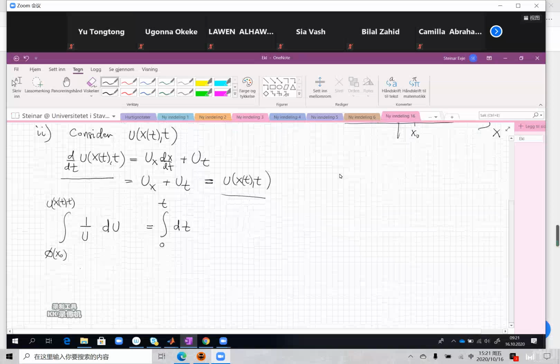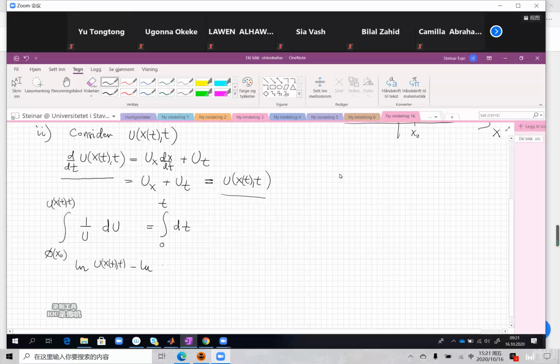Then we find the natural logarithm of u(x(t), t) minus the logarithm of φ(x0) equal to the integral on the right hand side, which gives us t.